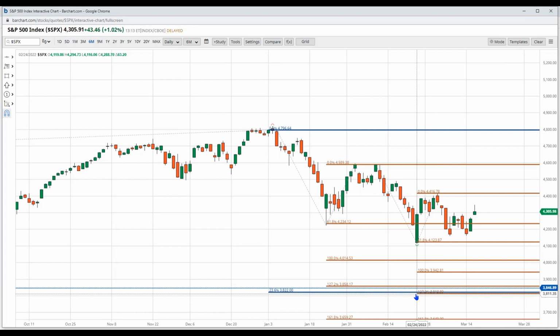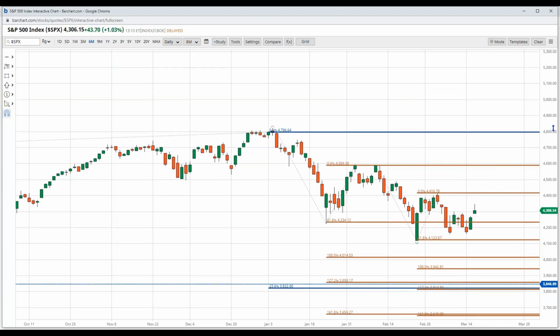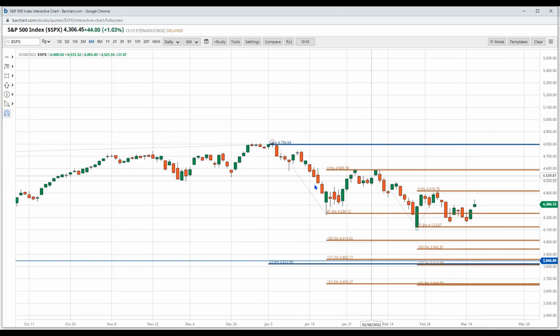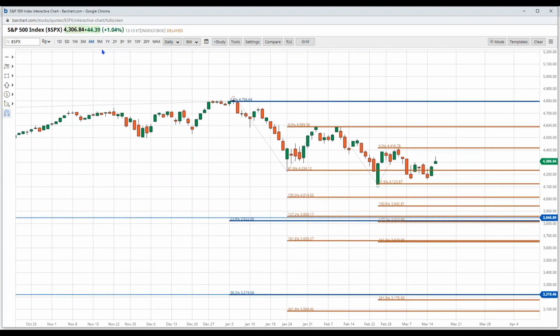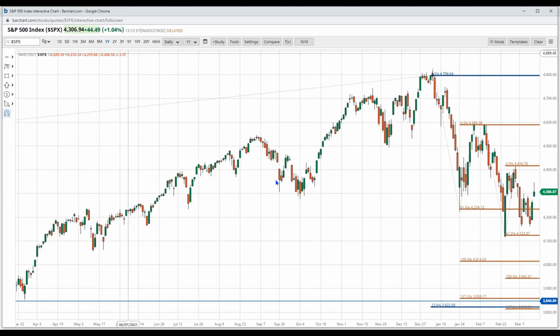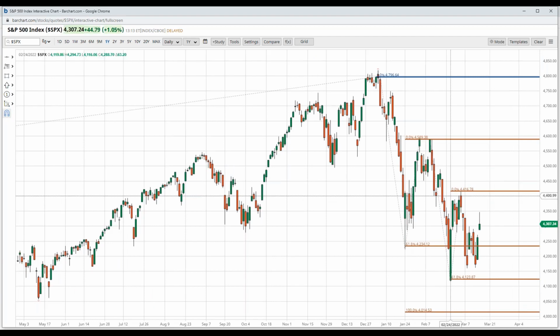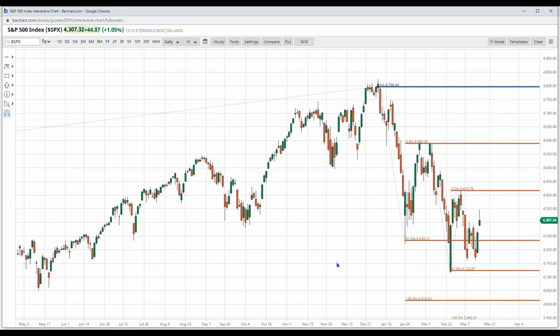Okay, the other thing we can start looking at is picking out values. Let me go back to a 1 year chart. Let's see if I can show this a little bit better. Yeah, it's going to work better.